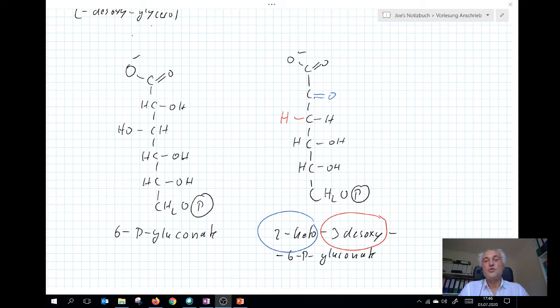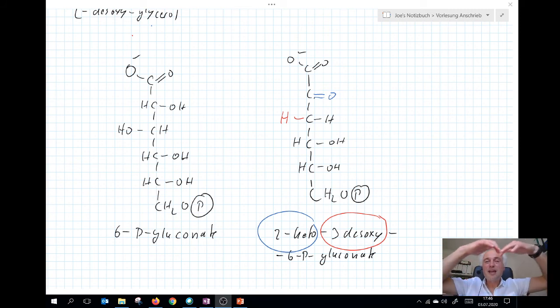If you have glyceraldehyde, you can deduce it, and the glyceraldehyde 3-phosphate is also easy. You always start counting from the aldehyde or carboxyl group, and then you can deduce all other things. You need to know the structural formula of glucose in the Fischer projection and in the ring form. And if you know that, then you can also deduce gluconate because you know an -ate is an acid.